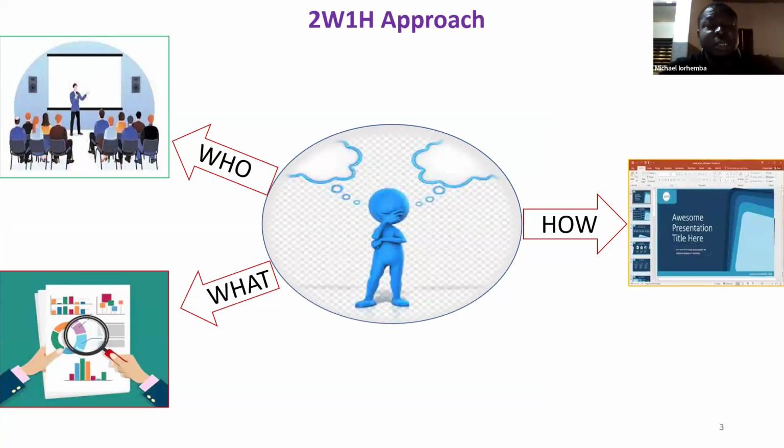What is your message? And the second W, who are you presenting to? Who are the people you are presenting this to? And then the third one, which is the 1H, how? How do you make this presentation to achieve the aim?